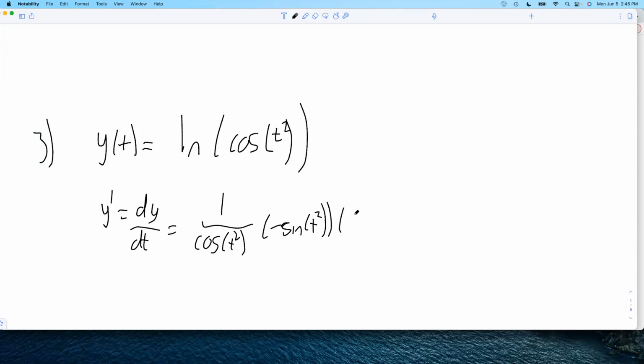Derivative of t squared with respect to t is 2t. So this might be better if we wrote this as maybe negative 2t sine of t squared over cosine of t squared. And like we could, if we wanted to, sine over cosine is just tangent.